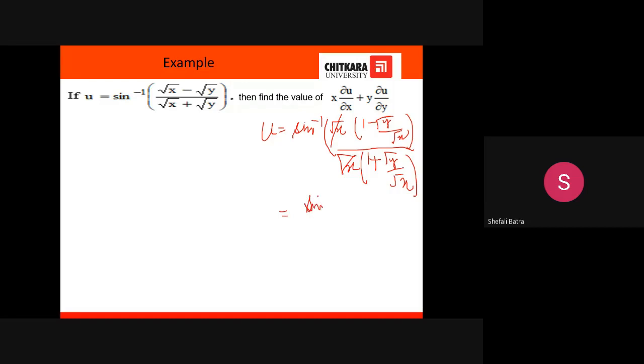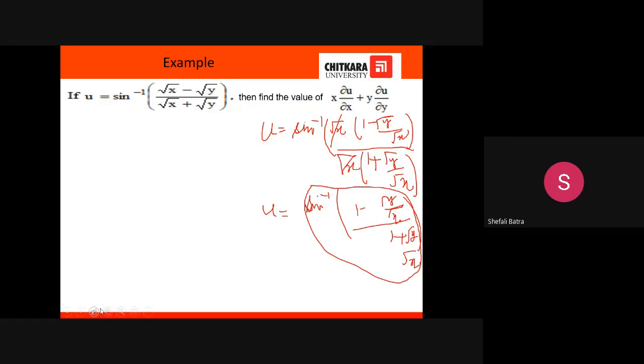You are writing it as sine inverse of 1 minus under root y upon under root x, upon 1 plus under root y upon under root x. So I can say this is a function of y by x, like tan inverse y by x.